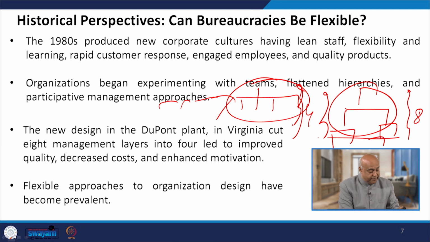Whenever we talk about this aspect, it becomes very important that we are making these structural changes, taking into consideration whatever the requirement is in the modern era, and this is a flexible approach.